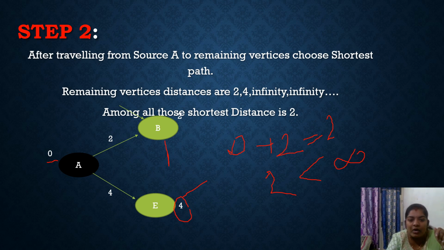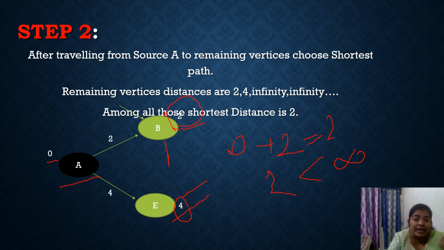So 2 and 4 are the distances of B and E. Among all those, 2 and 4, which is the shortest? That is 2 only. You catch my point? So now A is visited.